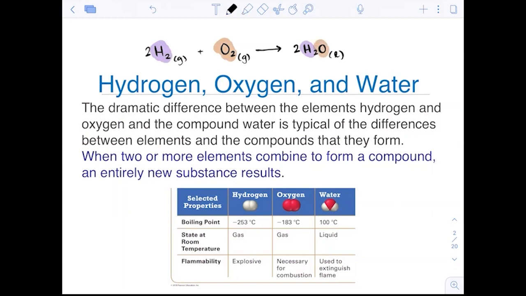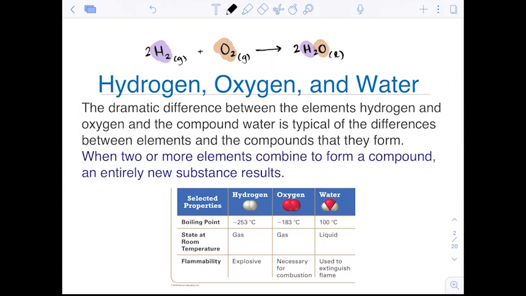And what's interesting is that the reactants, even though they are composed of the same things as the products, are completely different substances. Namely, hydrogen is an explosive gas. Oxygen is necessary for combustion reactions, so you can think of it as being reactive in explosion reactions.